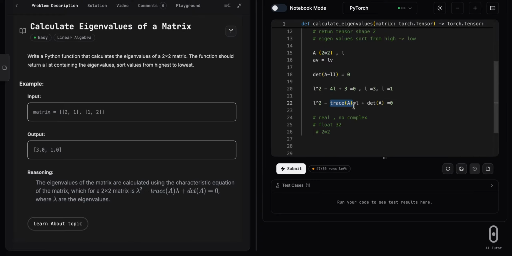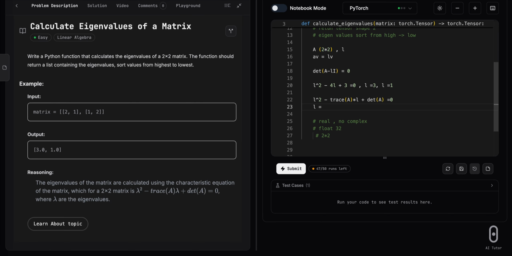The trace is the sum of the diagonals, and for a matrix with entries A, B, C, D, the determinant is A times D minus B times C. So lambda will be trace of A plus or minus the square root of trace of A squared minus 4 times the determinant of A, all divided by 2. This comes from the quadratic equation.